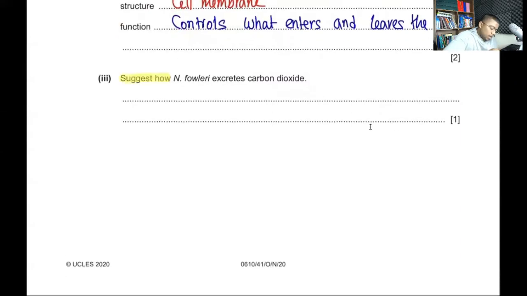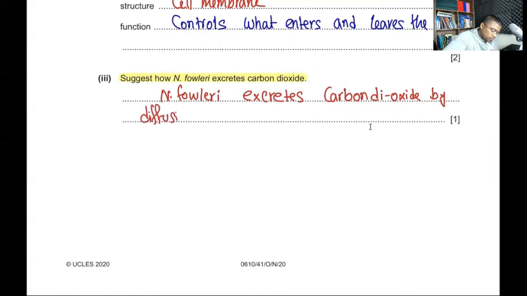Suggest how N. fowleri excretes carbon dioxide. N. fowleri is a single cell organism, so definitely it should excrete carbon dioxide by diffusion through the cell membrane.